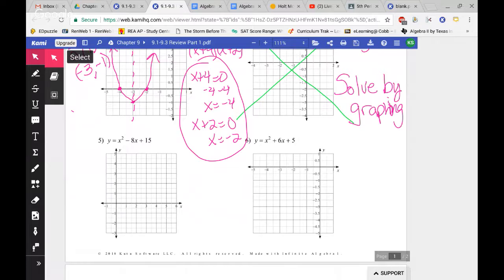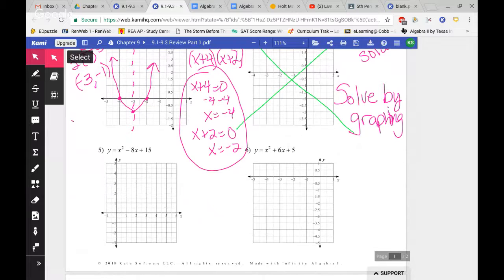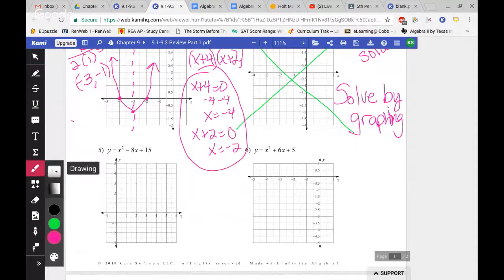Okay. So can you think of 2 factors that multiply to give you a positive 15 that when you add them together give you a negative 8? 5 and 3, but it's a negative 8. Yes. So -5, -3. Because a negative times a negative is a positive, right?